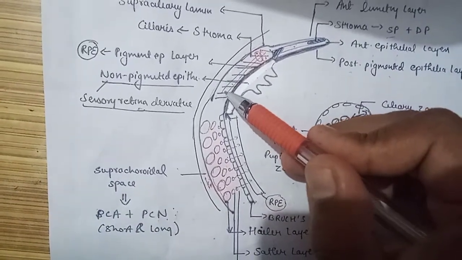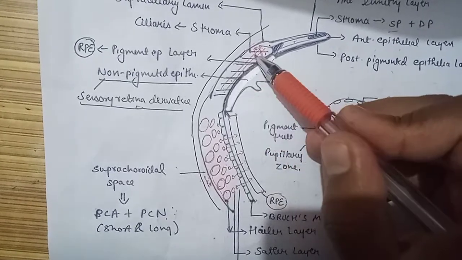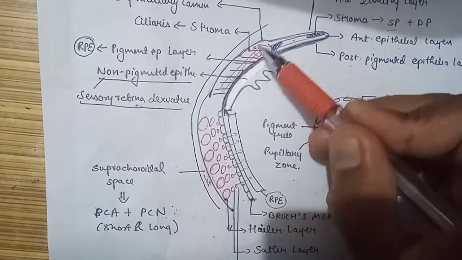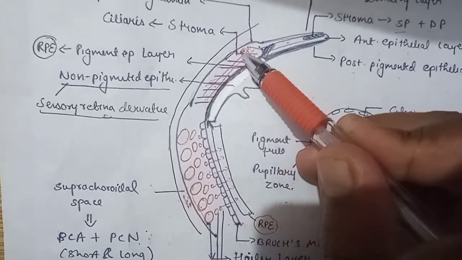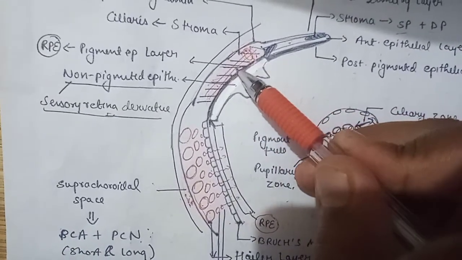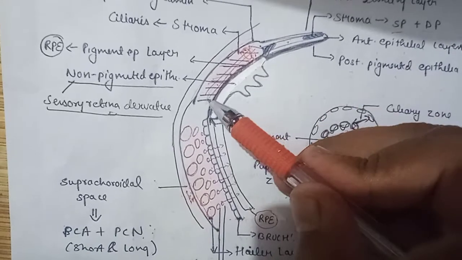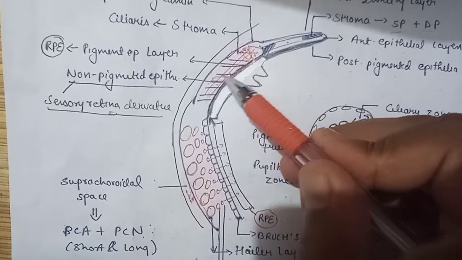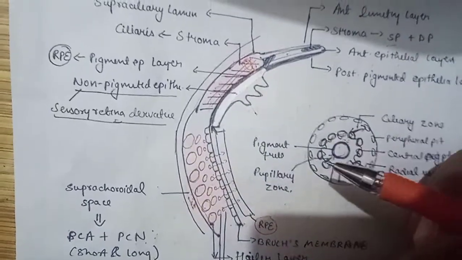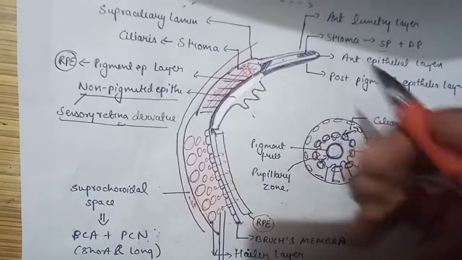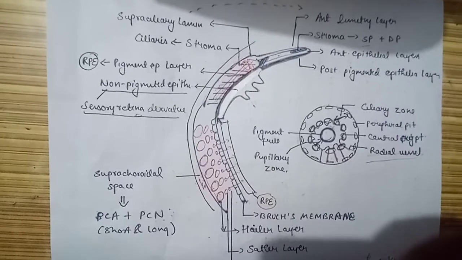We have three types of fiber in this ciliaris muscle. These are longitudinal fibers, as you may see. There are oblique fibers and there are circular fibers in this stroma of the ciliary body. Now the longitudinal fibers and the oblique fibers help in the outflow of the aqueous, meaning uveoscleral outflow, and the circular fibers are the ones which help in accommodation.